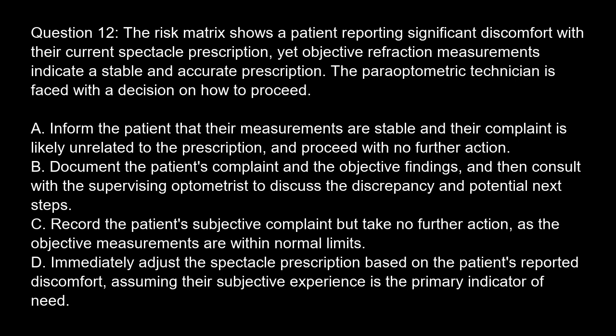Option B. Document the patient's complaint and the objective findings, and then consult with the supervising optometrist to discuss the discrepancy and potential next steps. Option C. Record the patient's subjective complaint but take no further action, as the objective measurements are within normal limits. Option D. Immediately adjust the spectacle prescription based on the patient's reported discomfort, assuming their subjective experience is the primary indicator of need.